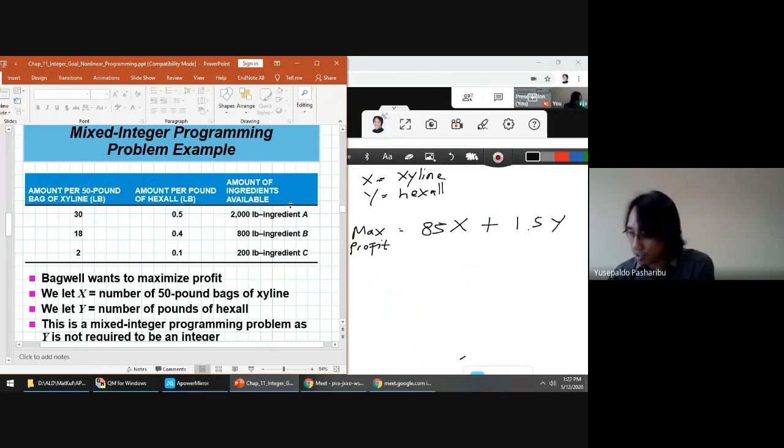So the first constraint function is about ingredient A. For ingredient A, it is 30x plus 0.5y, and because it is availability, it can be less than or equal to 2000.